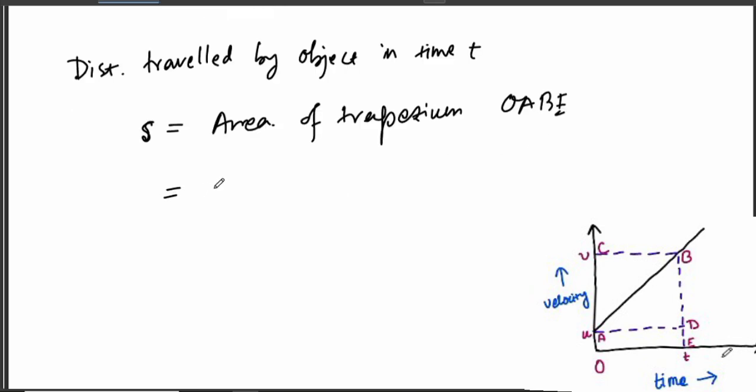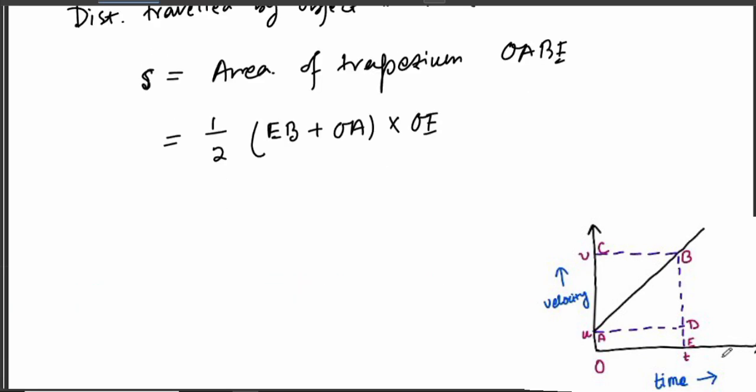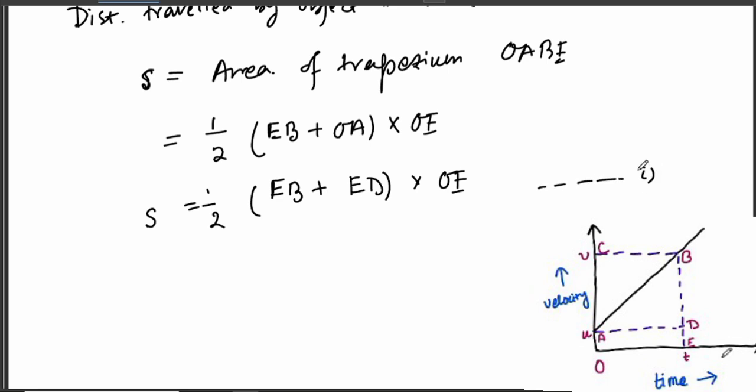Area of trapezium is half into the length of the parallel sides, that is EB plus OA, into the distance between them, that is OE. So let's put it in: half into EB plus ED, since OA can be written as ED, into OE. Let's name this equation 1.